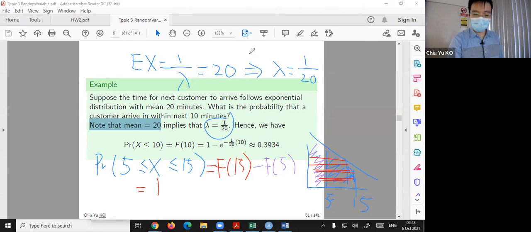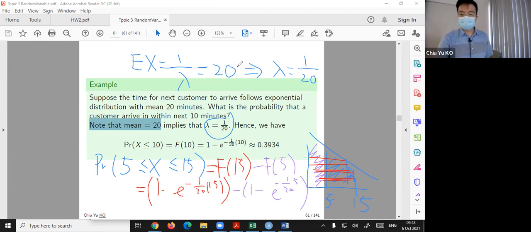The red one will be 1 minus e to the negative 1/20 times 15. Okay, and the same idea here, 1 minus e to the negative 1/20 times 5. Okay, and then use your calculator, you can calculate this, right? So there's nothing very deep here.